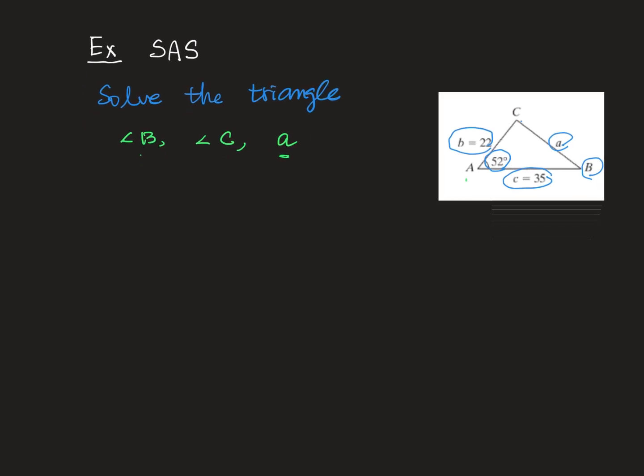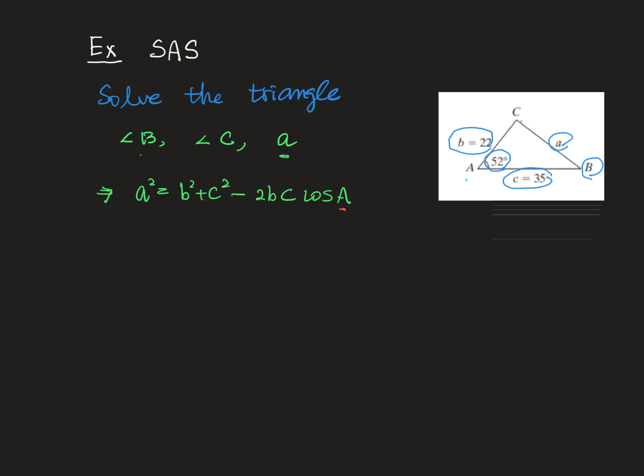In that case, we use the law of cosines, because we know the angle A. First formula: a squared equals b squared plus c squared minus 2bc cosine A.